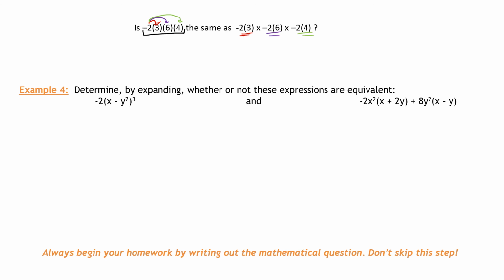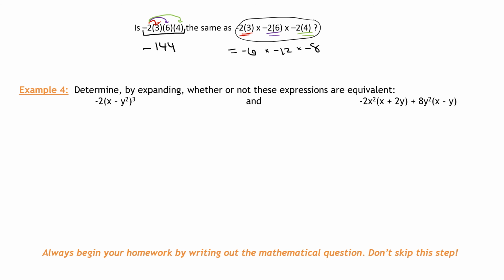You get negative 144. And as you were typing it into your calculator, you probably noticed you only used the negative 2 once. You did negative 2 times 3 times 6 times 4. You didn't do this. Now, if I look at this one here, negative 2 times 3 is a negative 6, times negative 2 times 6, that's a negative 12, times negative 2 times 4 is a negative 8.